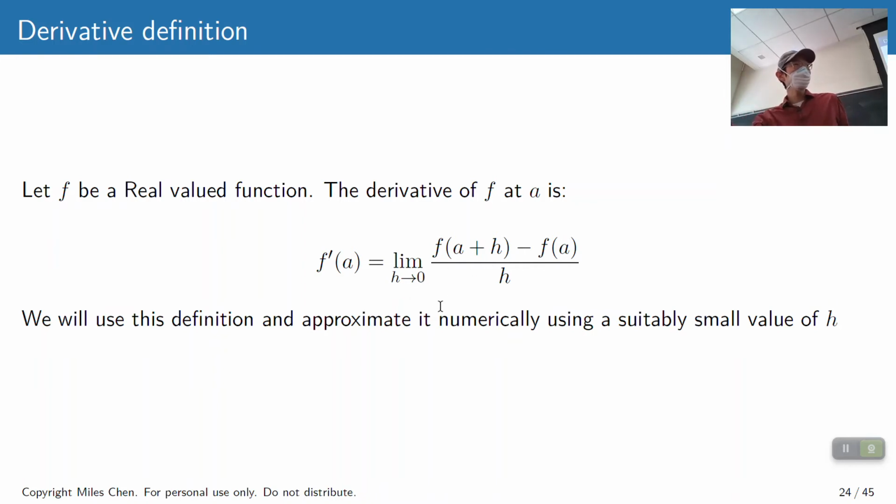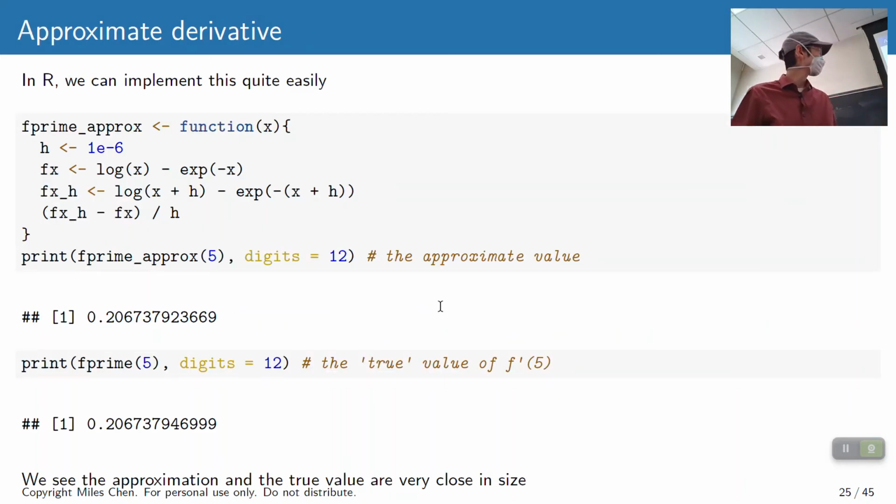All we're going to do is we won't plug in 0, but we'll plug in something like 10 to the negative 6, and we'll have the computer approximate the derivative by plugging in a suitably small h. So here, let h be 10 to the negative 6. Here's my function.